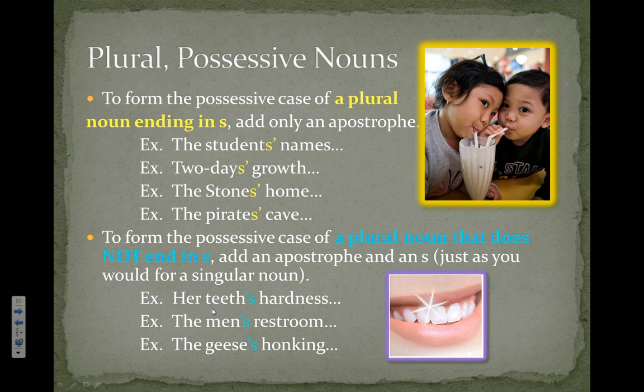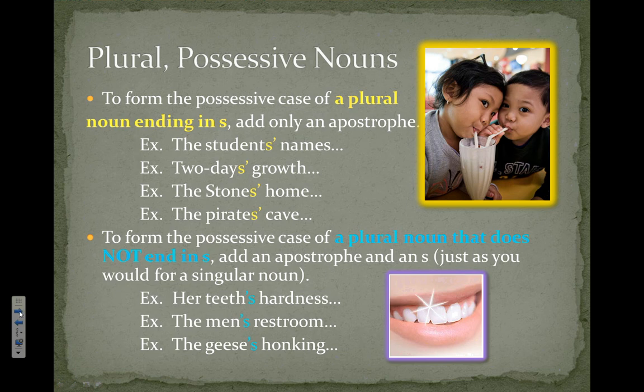So what you will do for this is add an apostrophe S because there's not already an S there, because it's irregular. So her teeth's hardness, apostrophe S. The men's restroom, apostrophe S. The geese's honking. Everybody go with that? Awesome sauce.